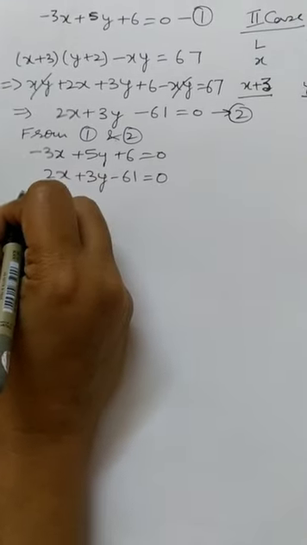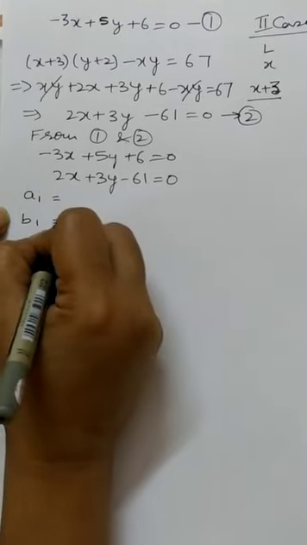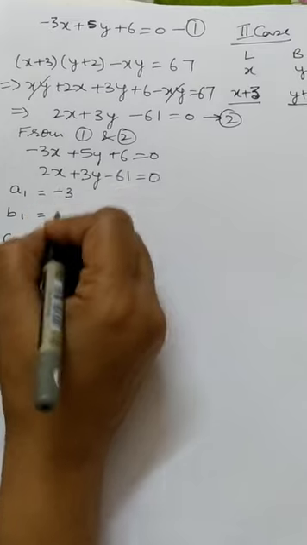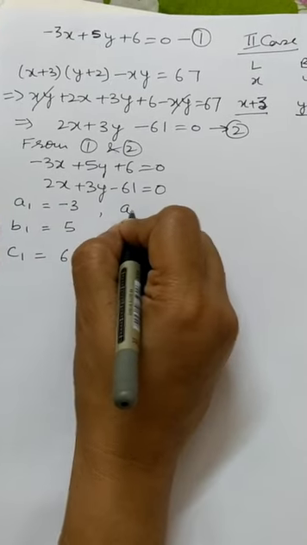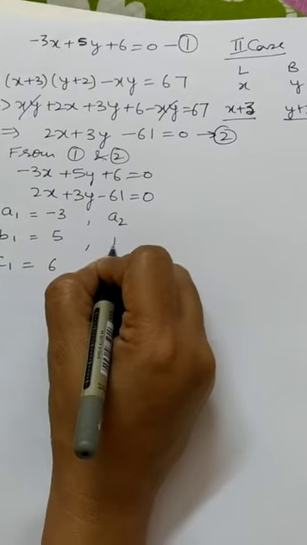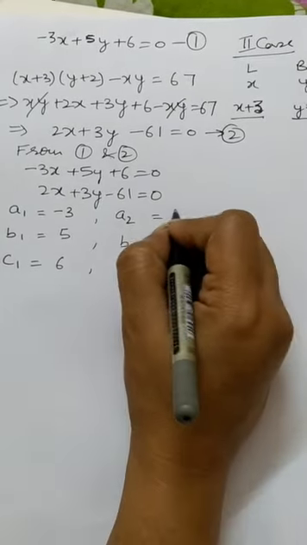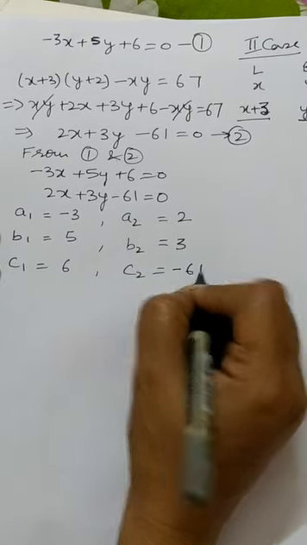For that, first we write a1, b1, c1 from the first equation: a1 is minus 3, b1 is 5, c1 is 6. And from the second equation, a2 is 2, b2 is 3 and c2 is minus 61.